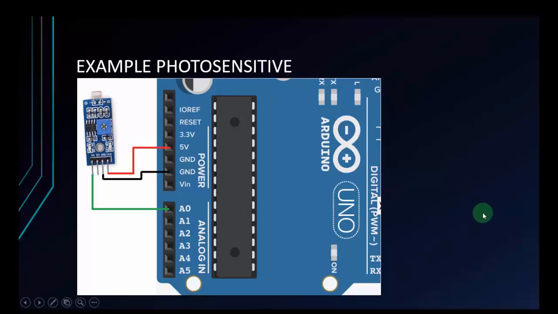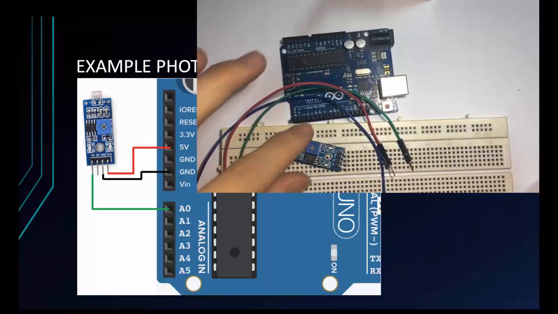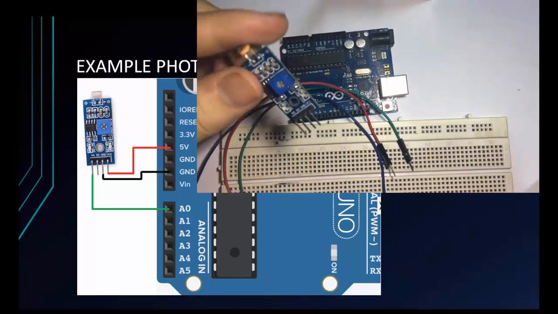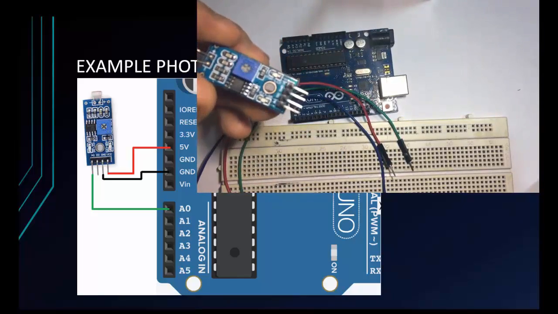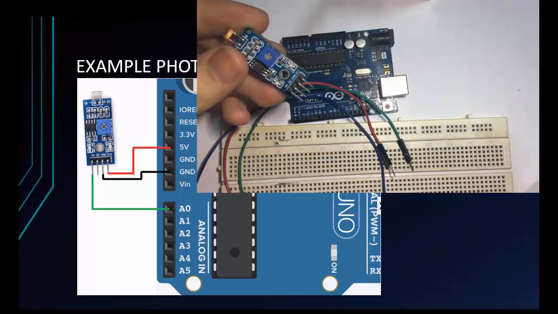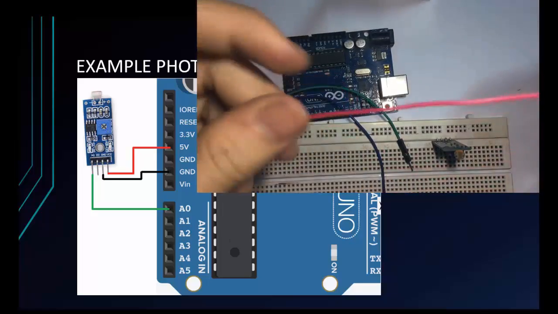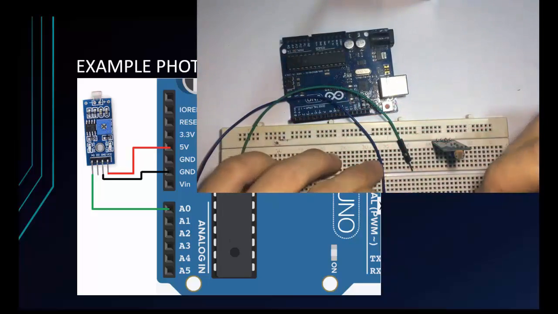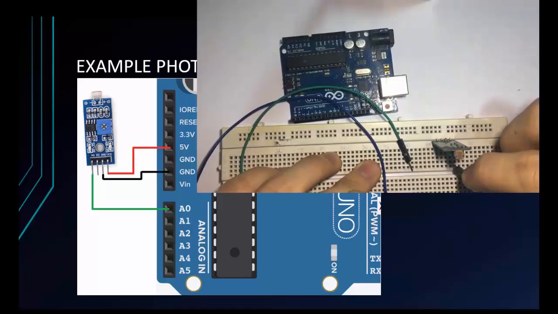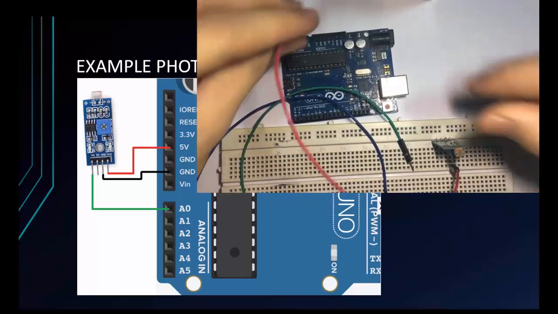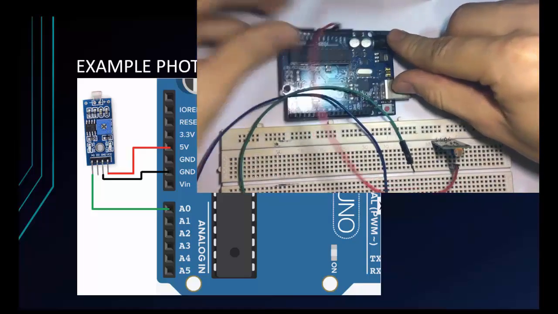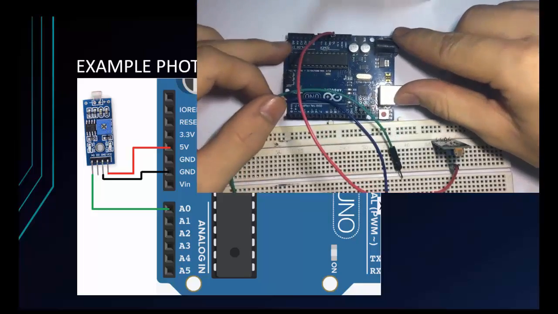Okay, let's make the circuit. This is the photosensitive sensor and it also has 4 pins. Okay, now we'll connect. 5 volts is the red wire to VCC.